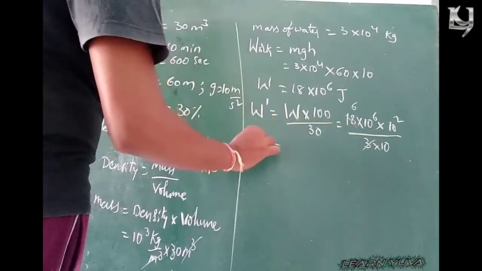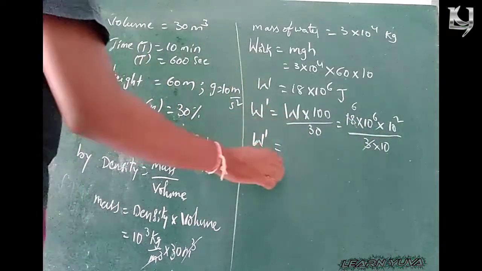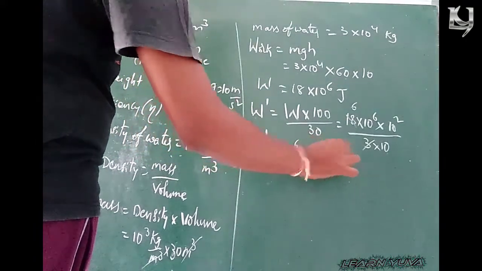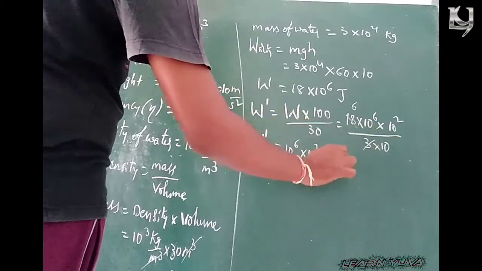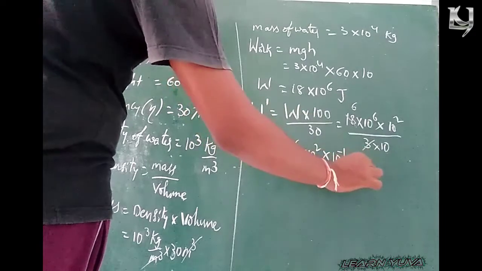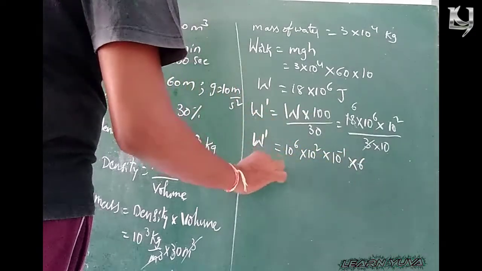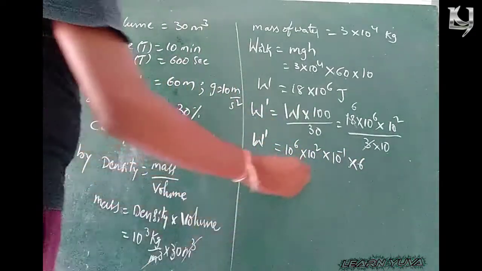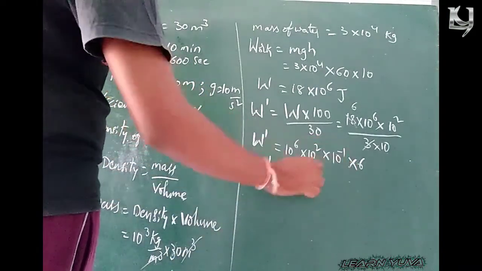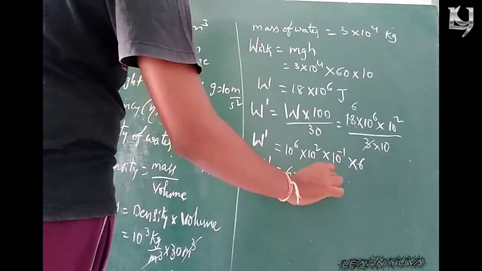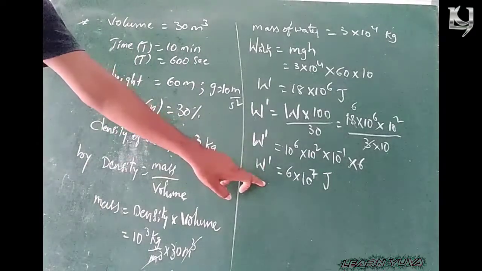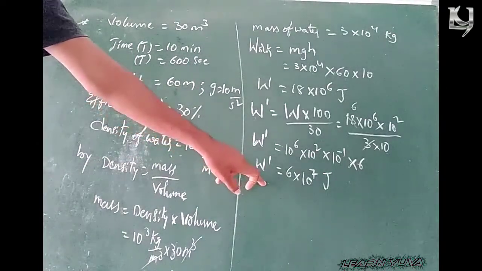So the work done with 30% efficiency is equal to 6 into 10 power 6 into 10 power 2 into 10 power plus 1. So if it comes to the numerator, it becomes minus 1. When the bases of the same power are added, 6 plus 2, 8, 8 minus 1, 7. So the work done with 30% efficiency is 6 into 10 power 7 joules.